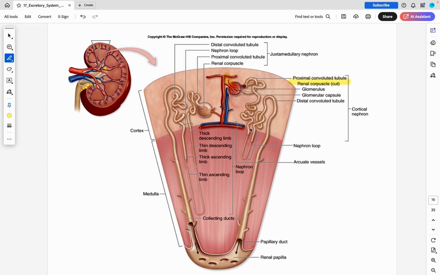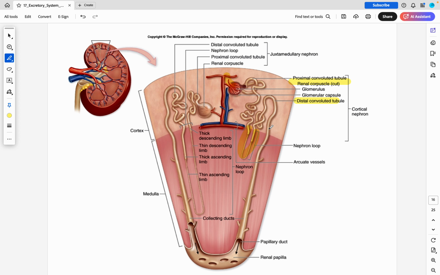And then there is the loop of Henle, this one I'm highlighting, which connects the proximal convoluted tubule with the distal convoluted tubule. So we have the renal corpuscle, the proximal convoluted tubule, the loop of Henle, and then the distal convoluted tubule.